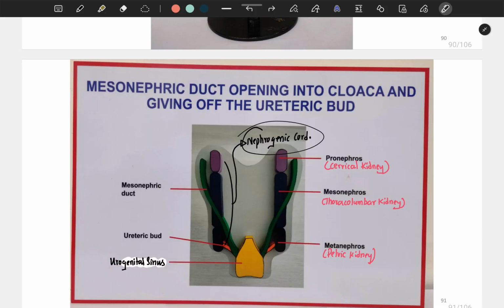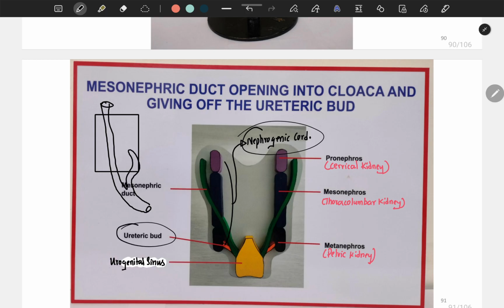Now if we take this part, the metanephros and the mesonephric duct. What is the uteric bud? Here the mesonephric duct will come. There will be a part called the uteric bud which goes inside the metanephros.